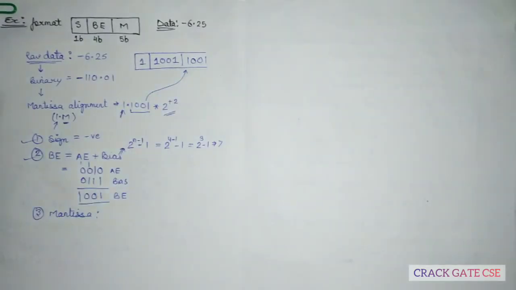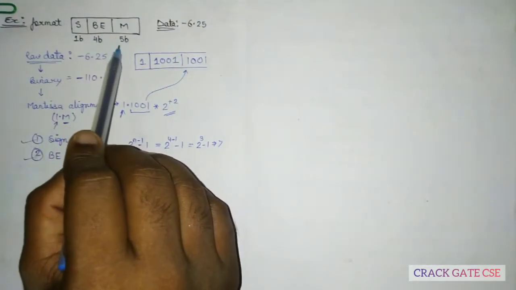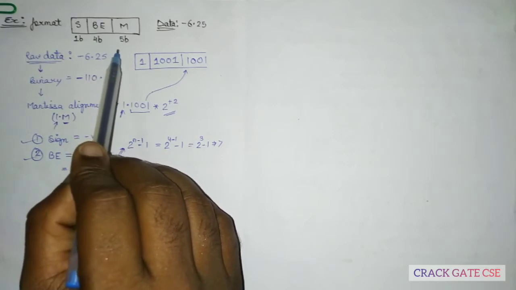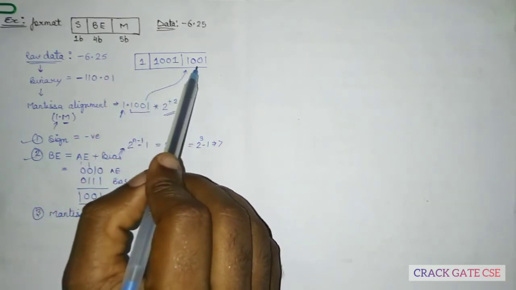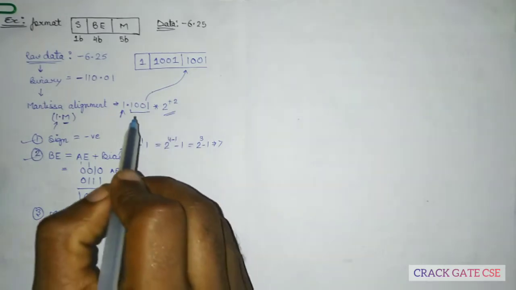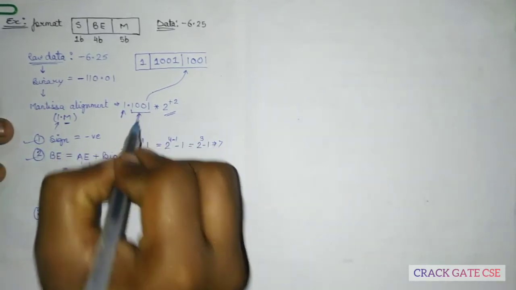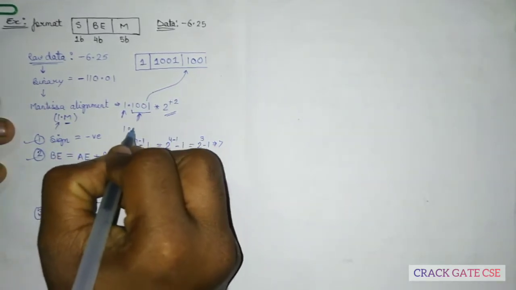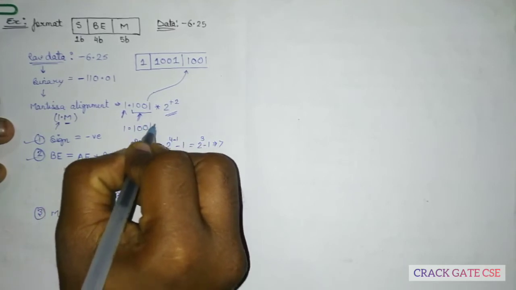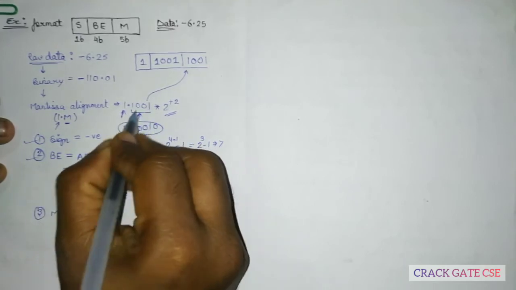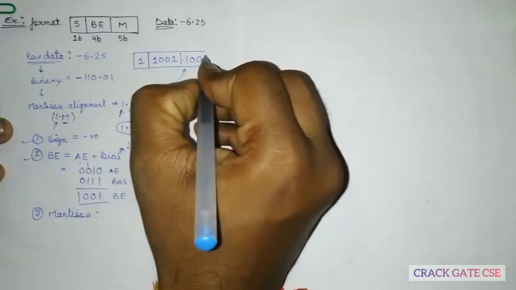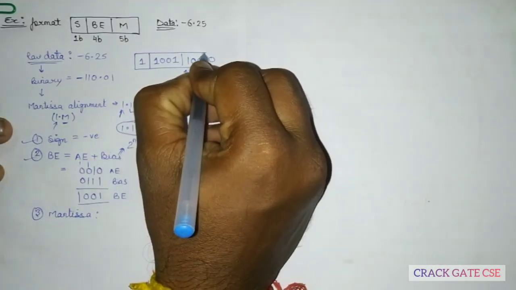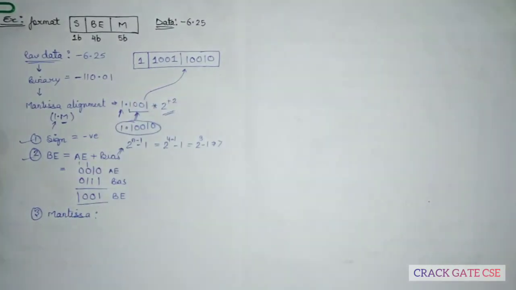Now you can observe that the bits required to store the mantissa are 5, but here we have only 4 bits. Since we are talking about the fraction part, I can write it as 1 0 0 1 0, which has the same value as before. That means I can pad a 0 at the LSB.